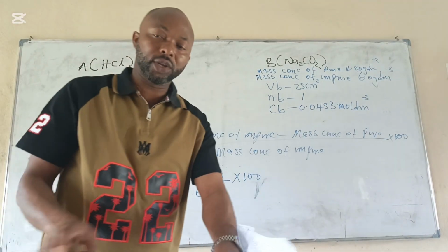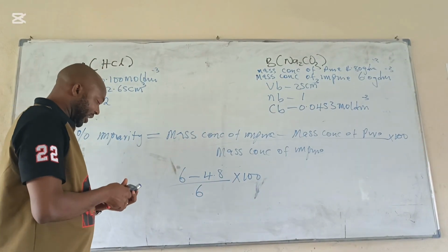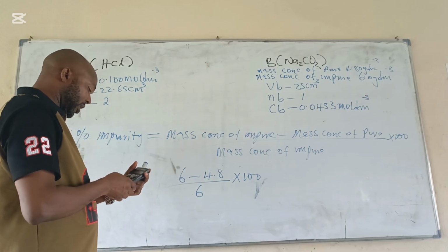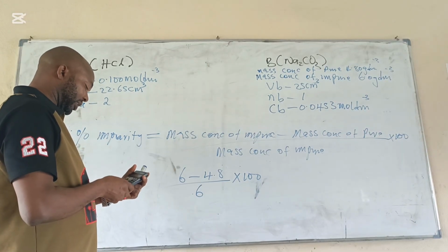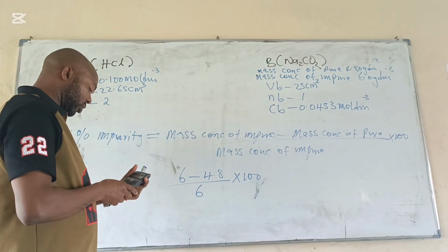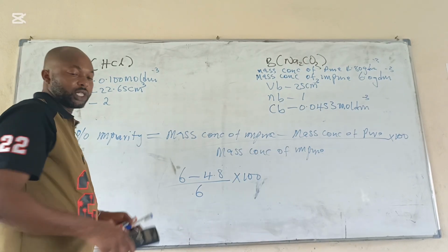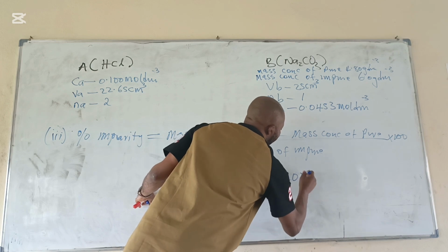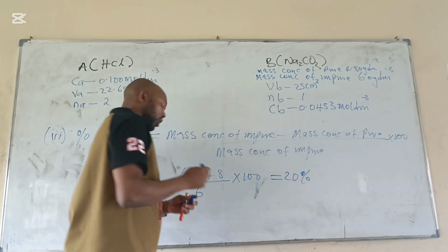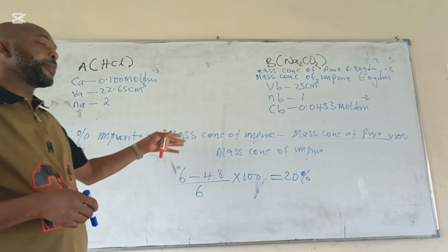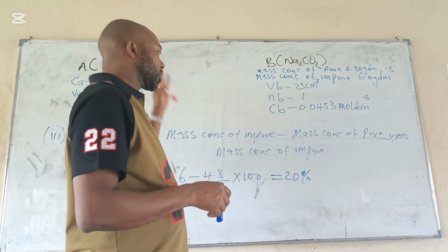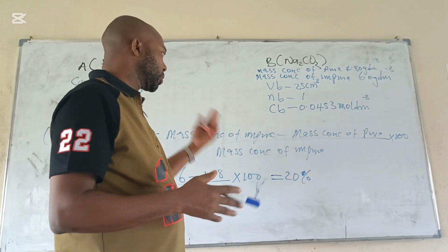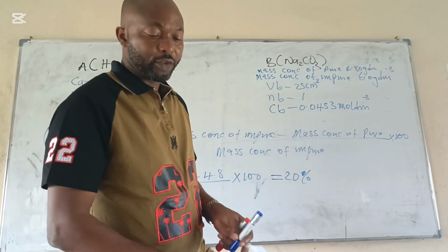And when we use our calculator, 6 minus 4.8 over 6 times 100 is 20. This is equal to 20% impurity. So if it is 20% impurity, then the percentage purity becomes what? 80, because 100 minus 20 is 80. So by virtue of this, we've done that calculation. I'm going to move on.